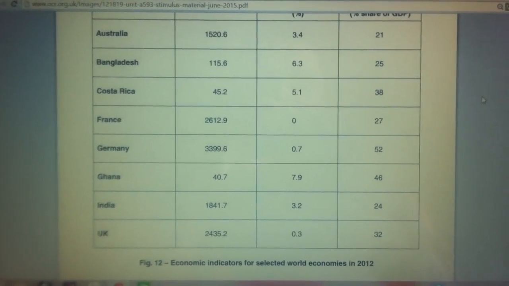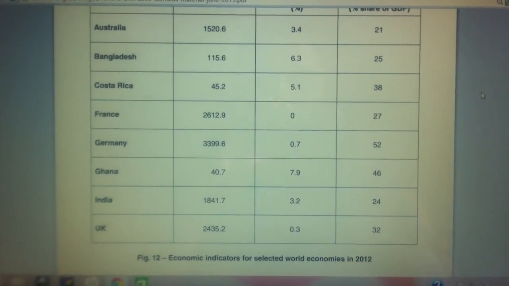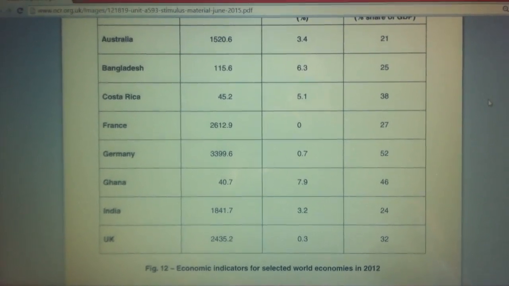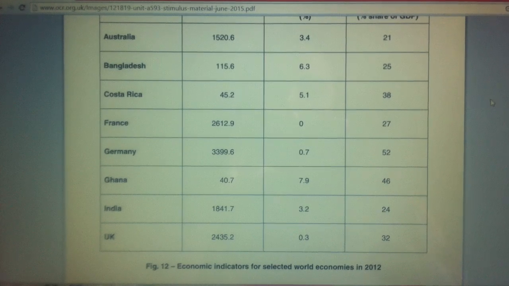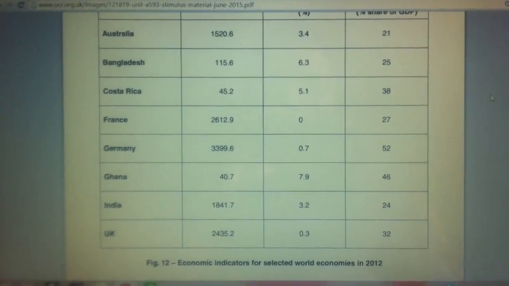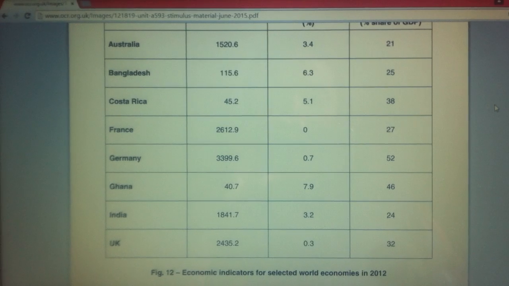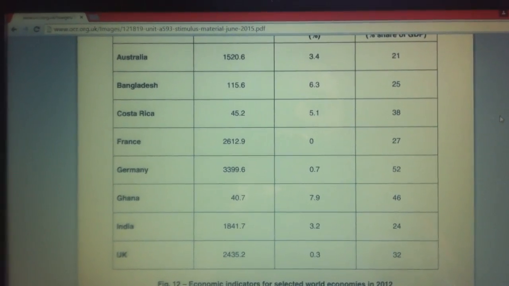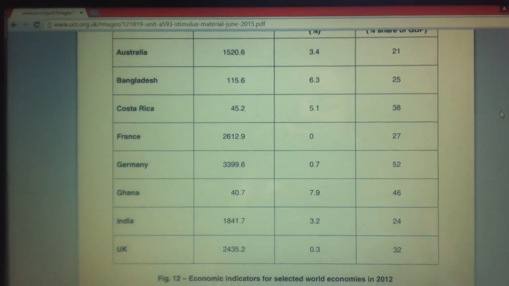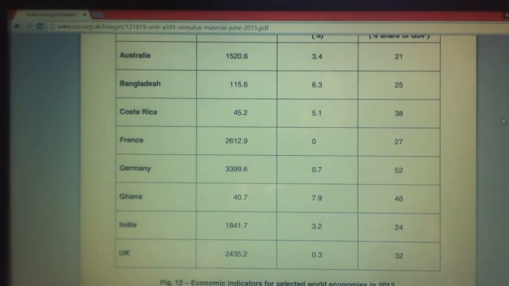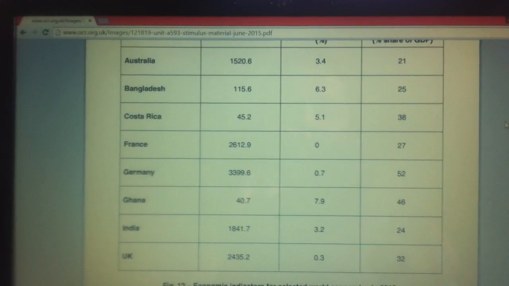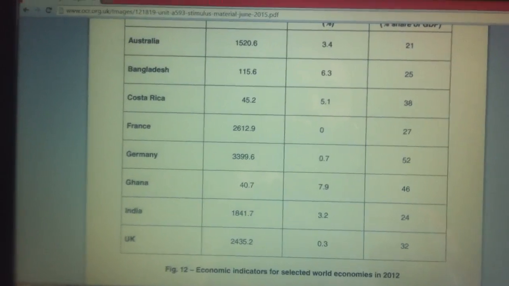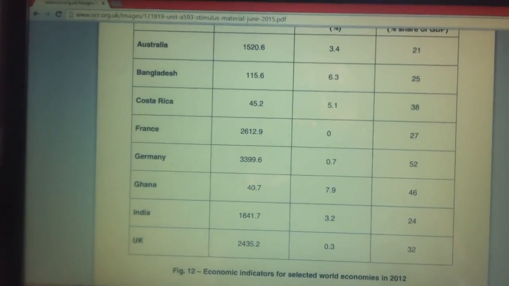In some respects that's good, but in others it's not, because let's look at the growth numbers for the developed world. Australia 3.4%, good, obviously. France 0%, not good. Germany 0.7%, not good. The UK 0.3%, not good. And just on that point, actually, the quarterly growth figures for the UK will be out today, 9:30 this morning.